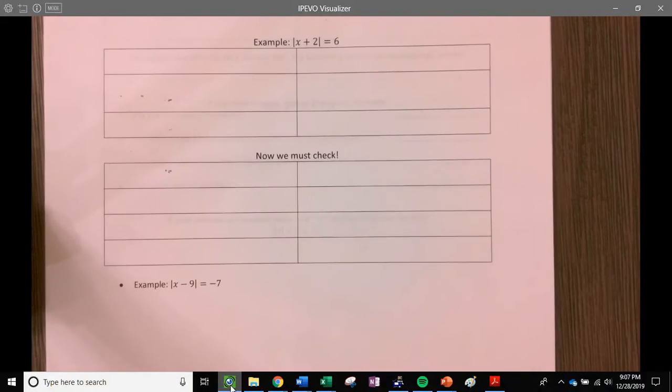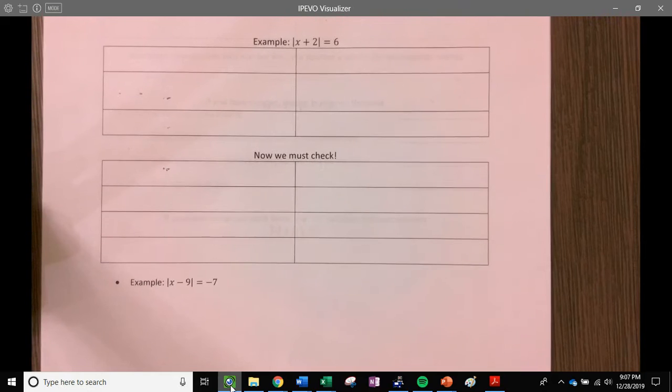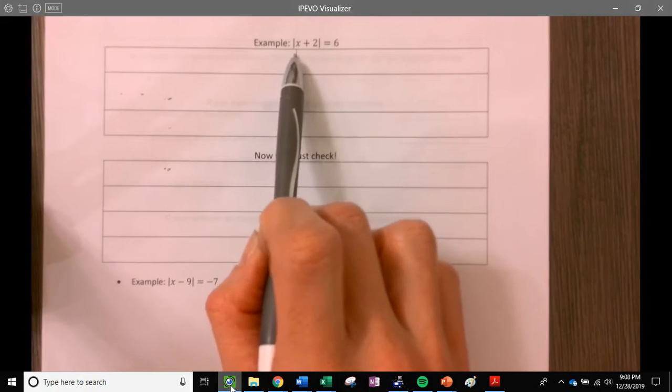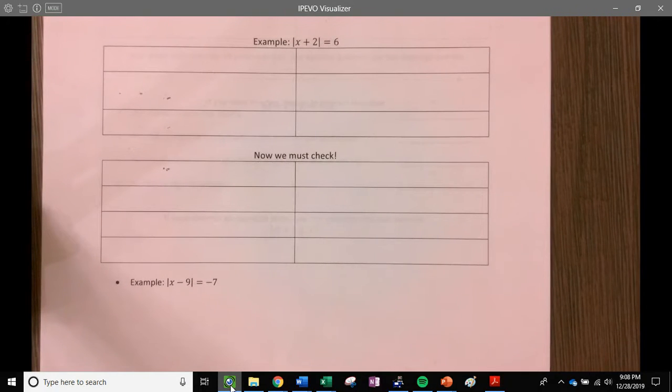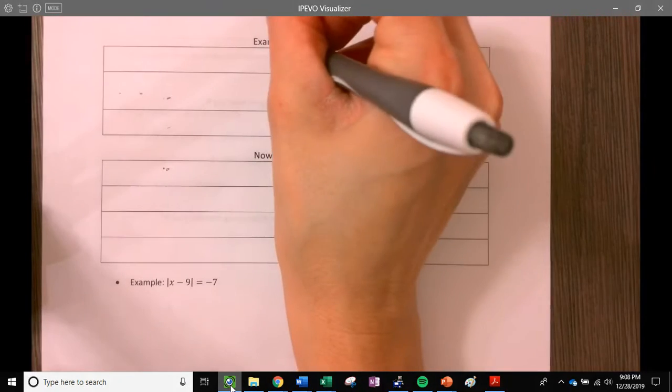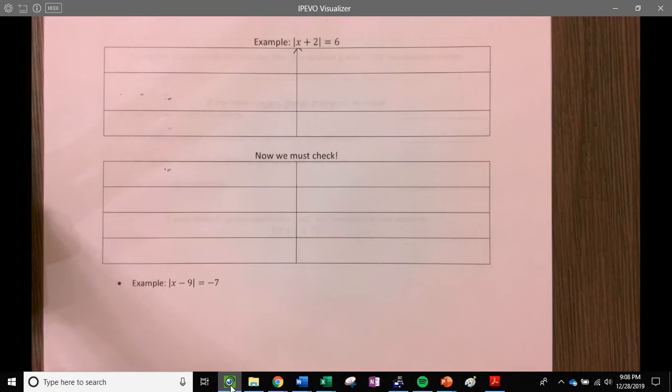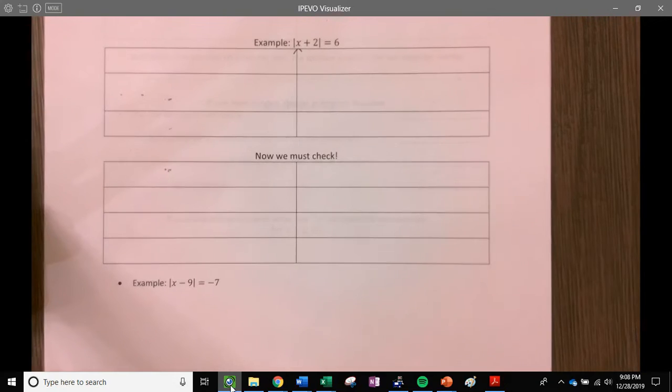We're going to use the example of the absolute value of x plus 2 equals 6. When you are reading these problems, anything inside the brackets you refer to as the absolute value of that thing. So the absolute value of x plus 2 equals 6. We're going to branch out here, and we're going to write our 2 solving equations because remember, every absolute value problem gets solved 2 times.